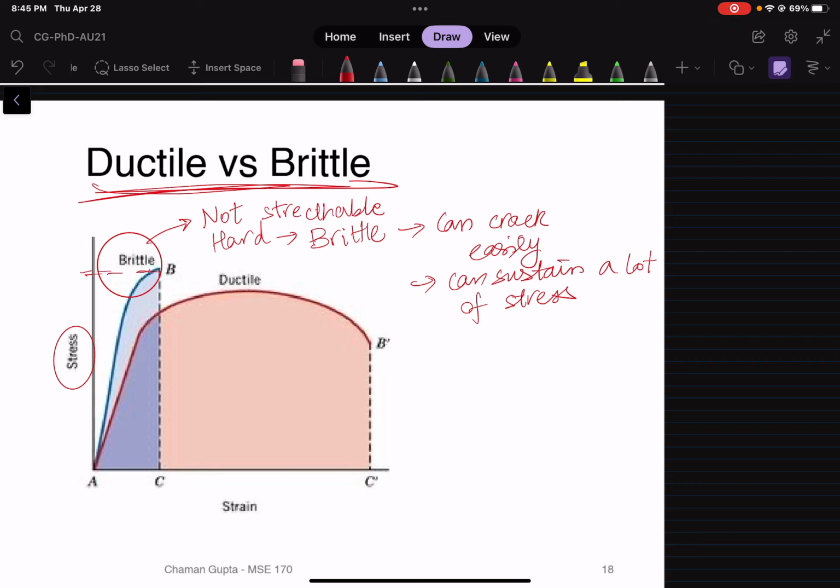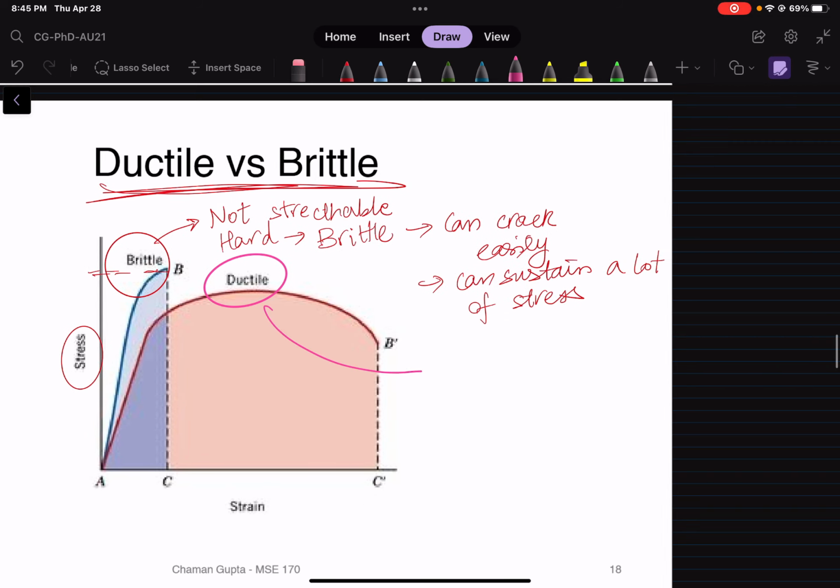On the other hand, a ductile material, let's write it over here, is very stretchable. That's the meaning of being a nice ductile material, that you can make long wires out of it because it's so stretchable. You can make very thin long wires out of it.